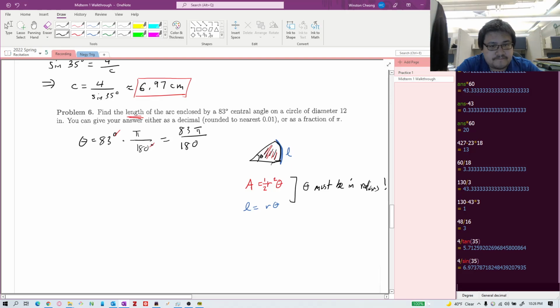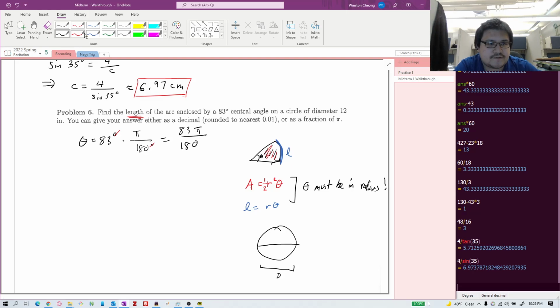So we're left with this as our angle measure, and we're also told the circle has a diameter of 12. This whole length is the diameter.